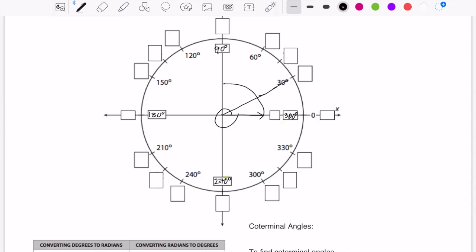So what's in the middle of 0, which is right here, and 90? That would be 45 degrees. So right here we have a 45 degree angle. So if we trace this, we go 30, 45, 60, 90.